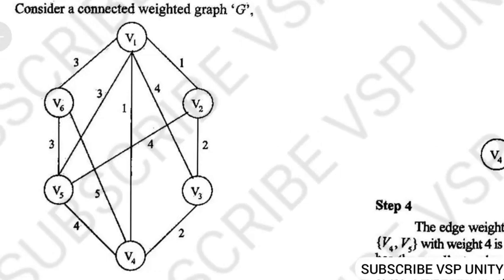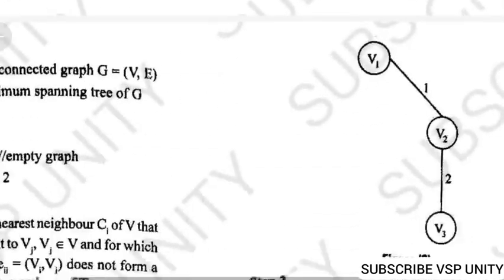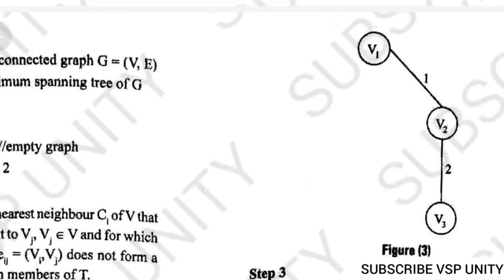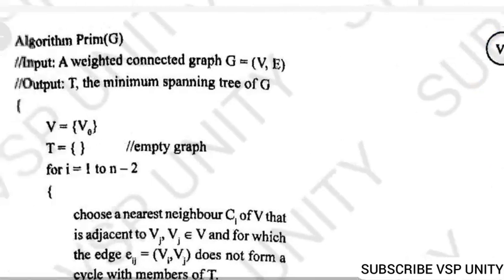In this, which one is the lesser one? v2 to v3. So in the next step I will be selecting v2 to v3. See, in the first step I have done v1 to v2. In the second step I am selecting v2 to v3. In the same way I will go for the adjacent vertices of v3.